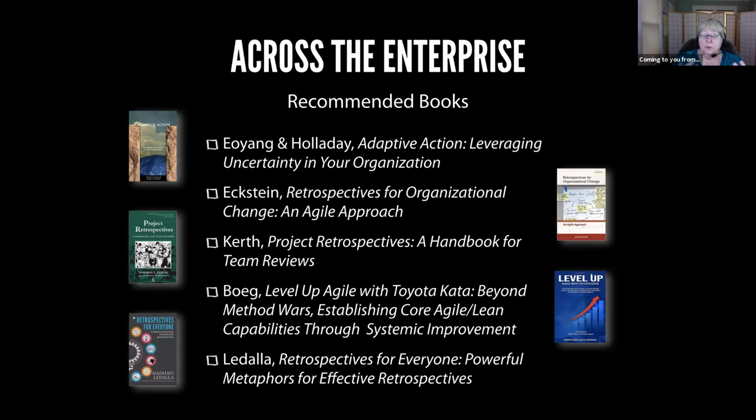And Norm Kerth, when he wrote his book, Project Retrospectives: A Handbook for Team Reviews, was looking at end-of-project retrospectives. Agile wasn't really around yet then. He was looking at projects that had been going on for a couple of years and might have several hundred contributors, and how at the end we could look back across that experience and influence future projects in our organization.